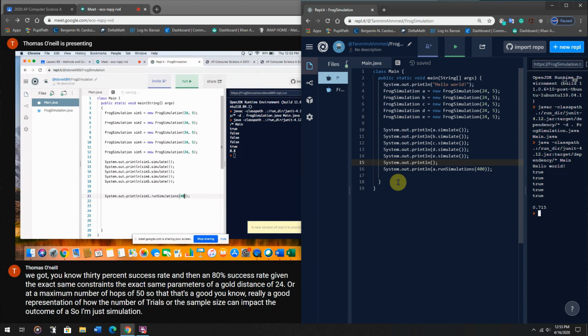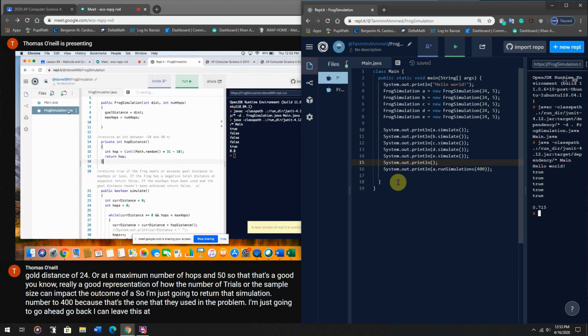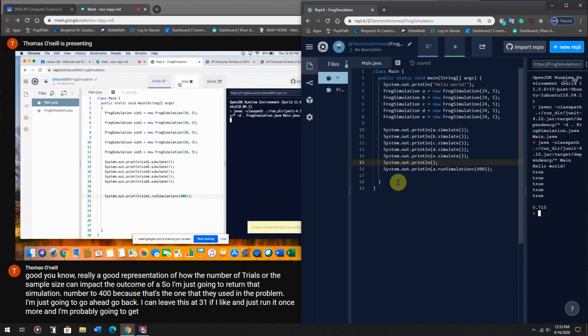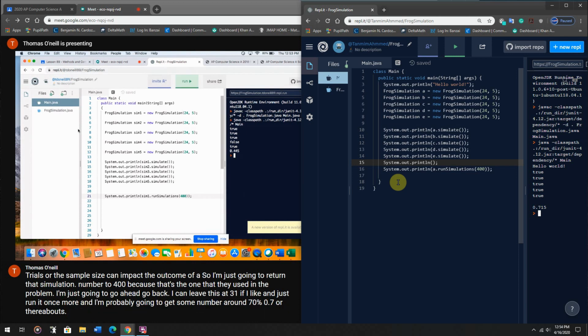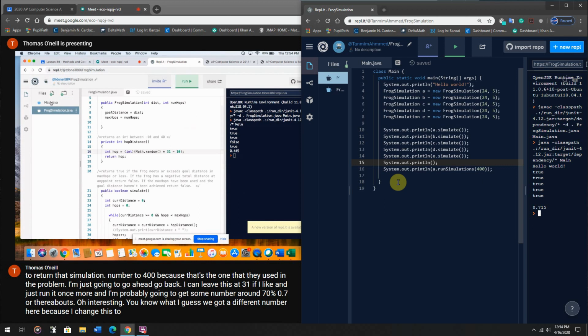So I'm just going to return that number to 400 because that's the one that they used in the problem. I'm just going to go back. I can leave this at 31 if I like, and just run it once more. And I'm probably going to get some number around 70%, 0.7 or thereabouts. Oh, interesting. You know what? I guess we got a different number here because I changed this to 31 from 41.